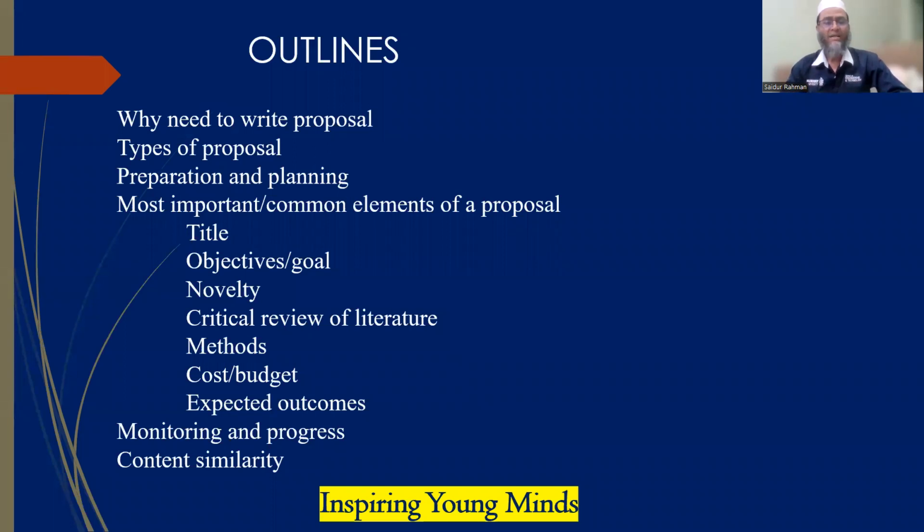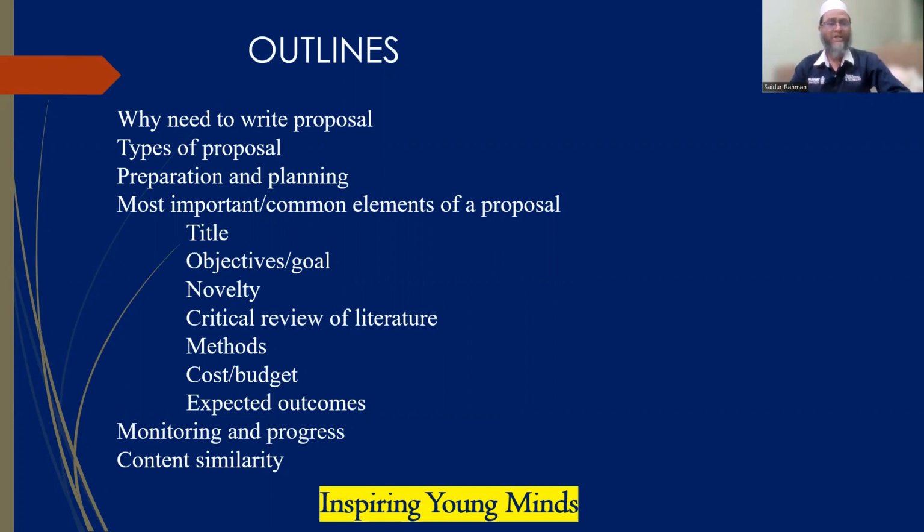These are the main outlines, the main points I'm going to share with you. First of all, I'll share why we need to write a proposal: the need for writing a research grant proposal, the motivation and rationale behind it, scientific need, academic need, promotional need, and so on.